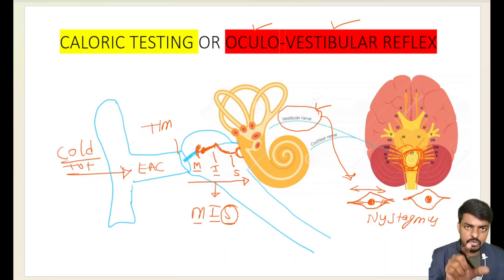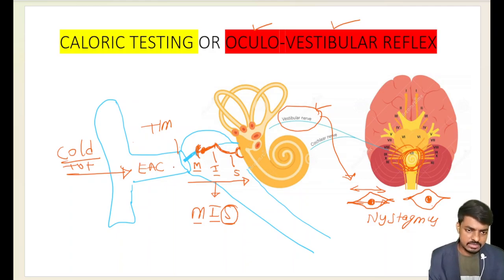The smallest bone of the body is the stapes and the smallest muscle is the stapedius. If the examiner asks the sequence of the ear ossicles, you have to say in the sequence of MIS: first malleus, then incus, then stapes.